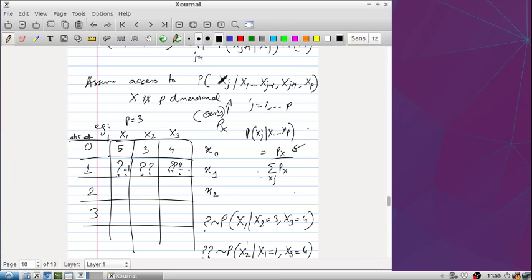What I'm saying is that finding the conditional distributions by just doing one summation is easy, because one coordinate is just one number; whatever values it takes, it's easy to sum.